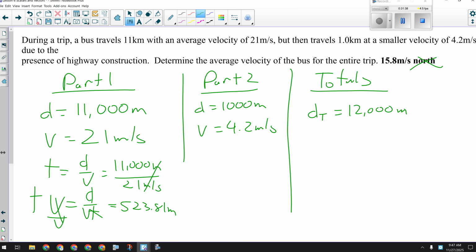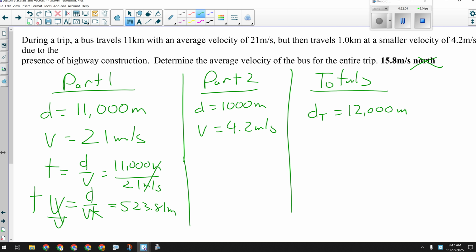I will often round on the board, but every time I do a calculation, I use the entire number that was in my calculator, as should you. Okay, we don't want to round anything until the very end, just like what we did with the mole equation. We said don't round until the very end. That holds true, probably even more importantly, in physics.